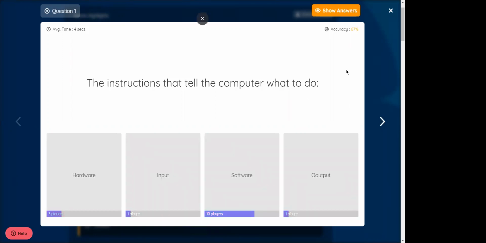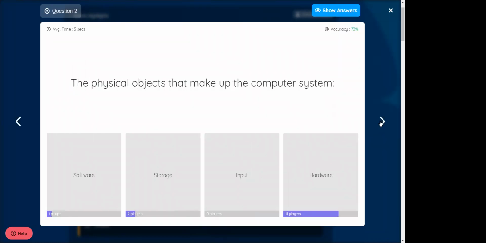Yeah, software. Next: the physical objects that make up the computer system. What is it? Hardware. Yeah, hardware.